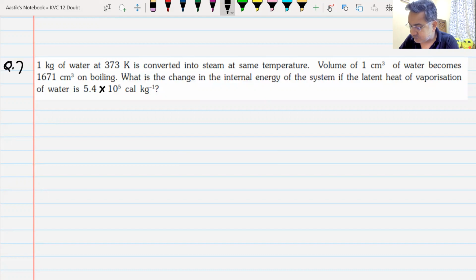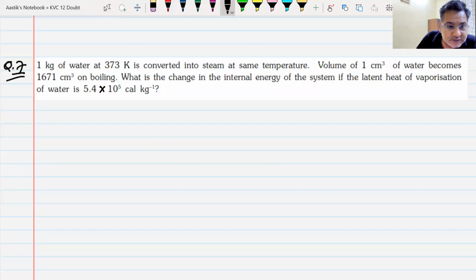Question number 7. 1 kg of water at 373 Kelvin is converted into steam at the same temperature. Obviously, temperature cannot change. Volume of 1 centimeter cube of water becomes 1671 centimeter cube on boiling. What is the change in internal energy of the system? The latent heat of evaporation of water is 5.4 into 10 to the power 5 calorie per kg.